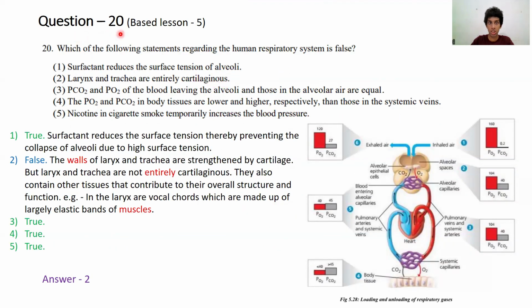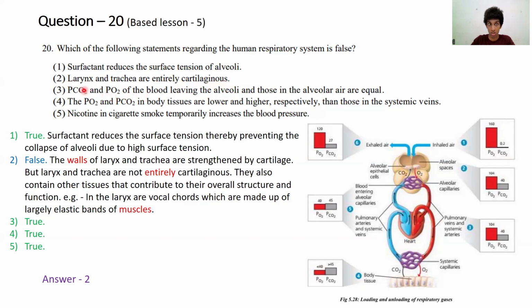Question number 20. It is also based on lesson 5. Which of the following statements regarding the human respiratory system is false? 1. Surfactant reduces the surface tension of alveoli. Yeah, that's true. Surfactant reduces the surface tension, thereby preventing the collapse of alveoli due to high surface tension. Second one, larynx and trachea are entirely cartilaginous.